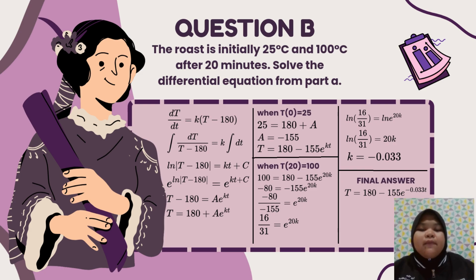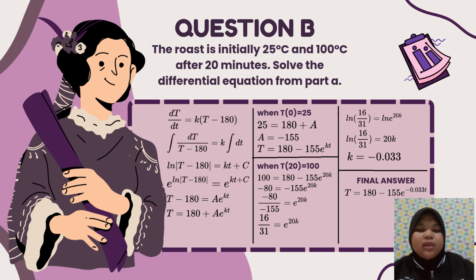Substituting this value back into the equation, the temperature model becomes T equals 180 minus 155 e to the power of Kt.